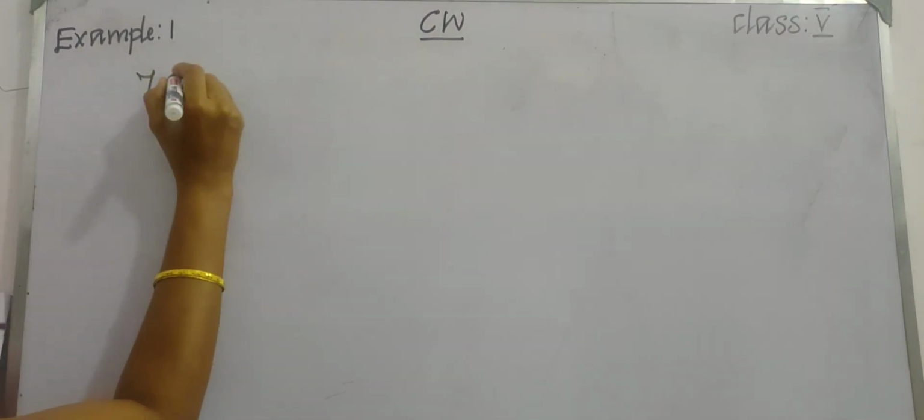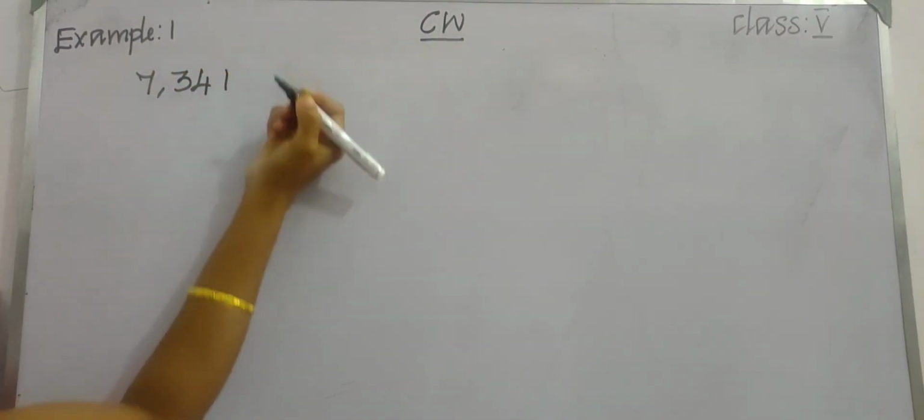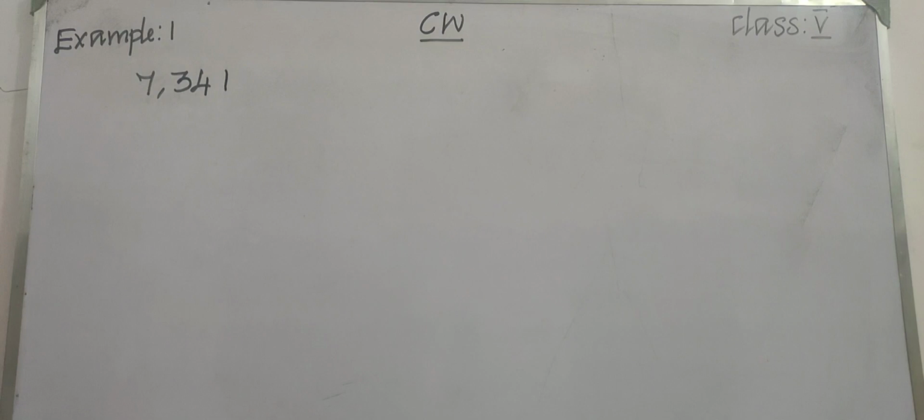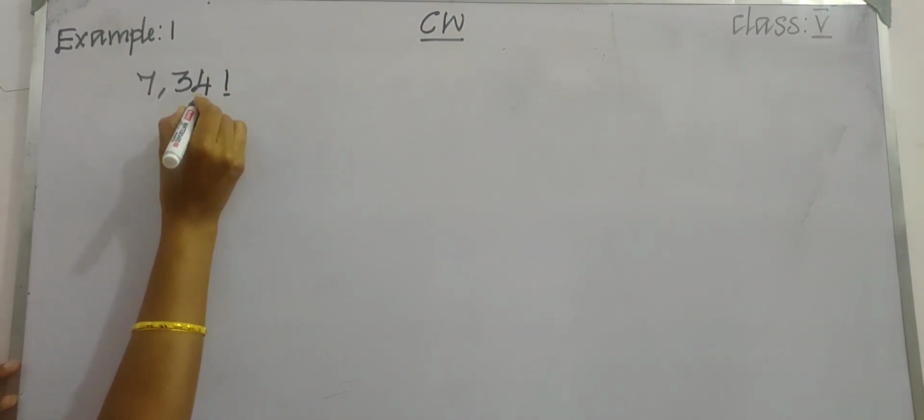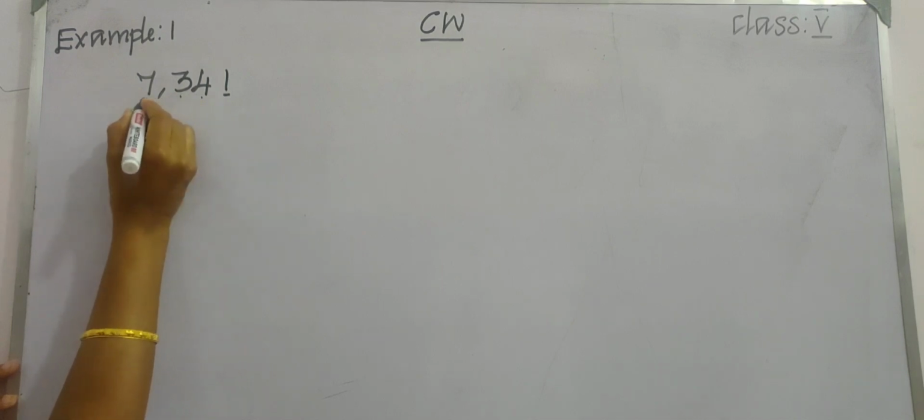So it's showing the number 7341. So what is the number name for this? Let us write the number name. See the abacus. The 7 is in the place of thousands, right? So we can say the place value first. Ones, tens, hundreds and thousands.